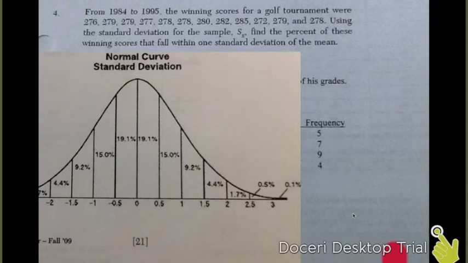The next one, from 1984 to 95, the winning scores for a golf tournament were as follows. And using these, we want to find the sample standard deviation and then find out what percent score within one standard deviation of the mean. So we're going to go over to our camera here.